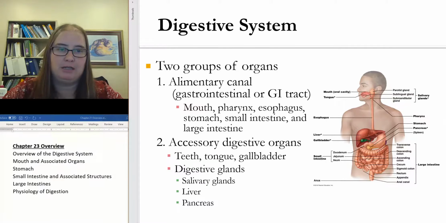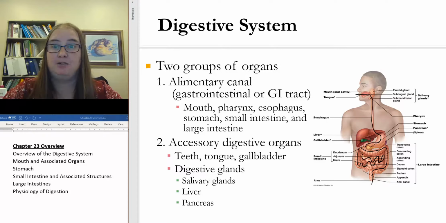This goes down and connects to the stomach. If you swallowed a rope, it would go down the esophagus and into the stomach, and then from the stomach it would enter into the small intestines. This would then enter into the large intestines, which would come down and go out your anus, or your anal canal.